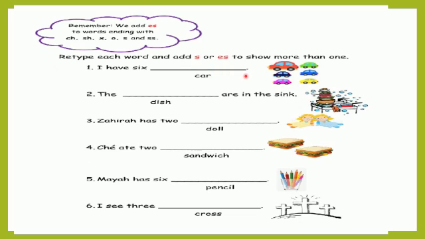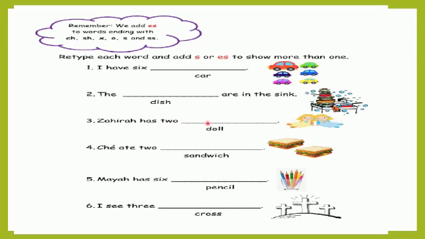C-A-R-S, cars. Now next: dash are in the sink. What are in the sink? They are dishes. So many dishes are there and dish is only one. So to make it plural, D-I-S-H-E-S.